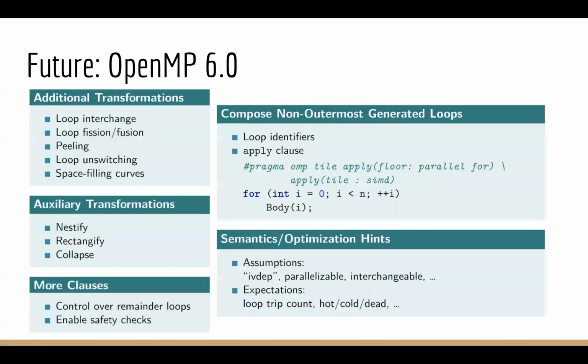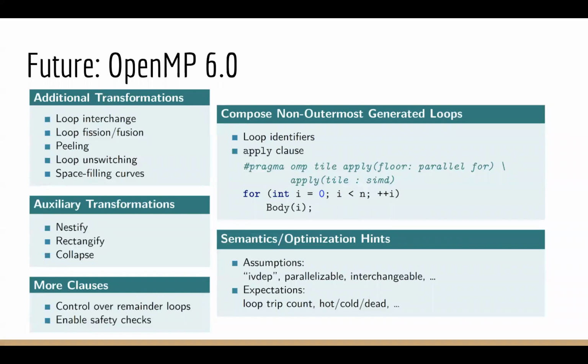Next slide, please. So for the future, I hope we are adding more transformations, not just tiling and unrolling, but also things like loop interchange, loop fusion, etc. And also be able to combine multiple transformations on a single loop in various ways.